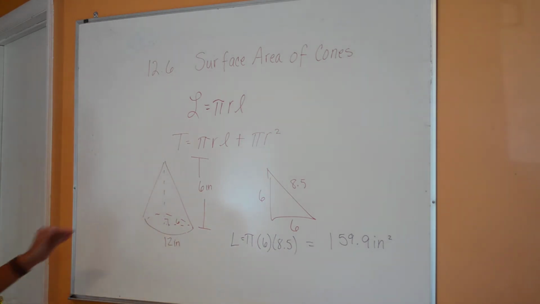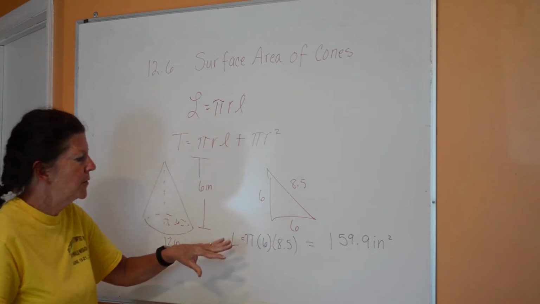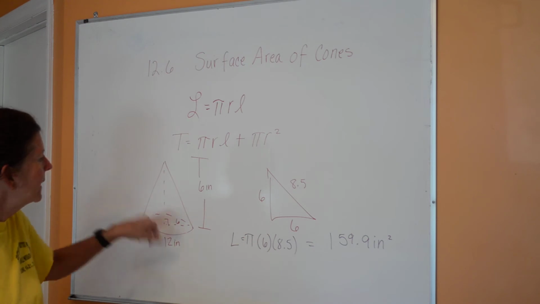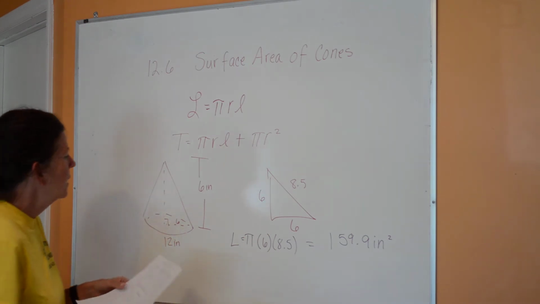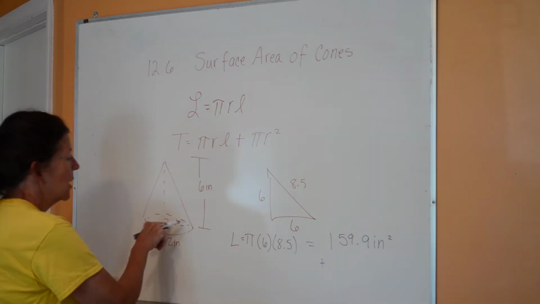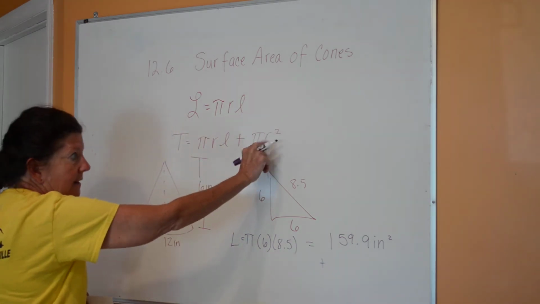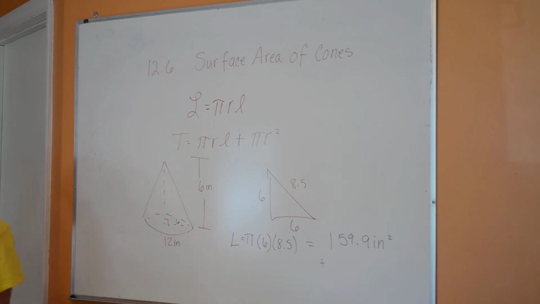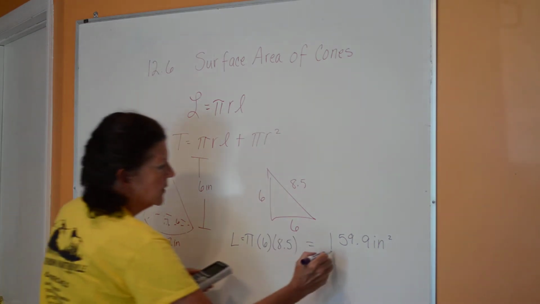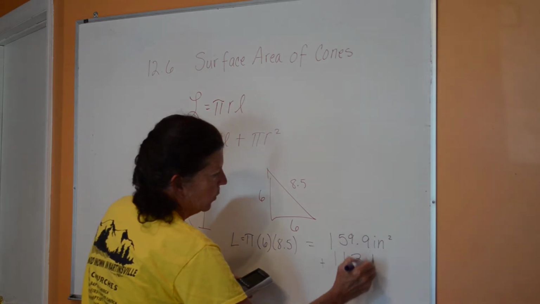If I wanted to find the total surface area, I would take my lateral area and add the area of my base, which would be the circle. So I would add 36, because it's 6 squared, times pi, which is 36 pi, which is 113.1.